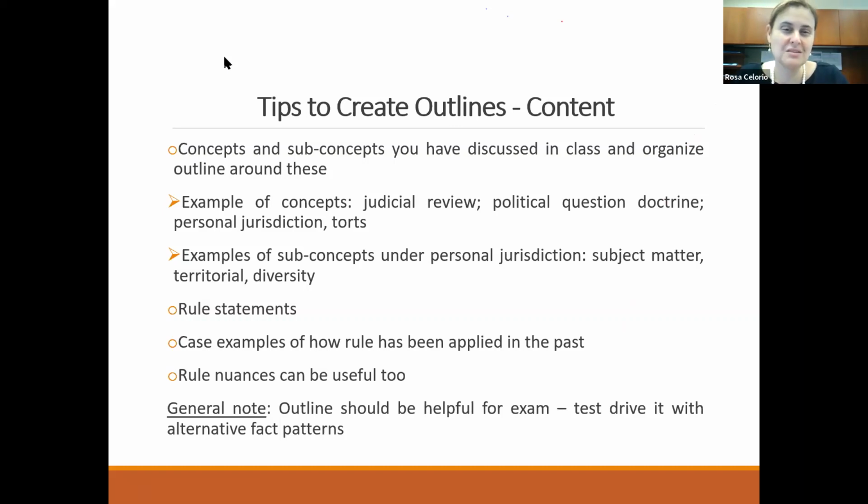I always tell students it's a good idea to try to do the outline yourself, even though this can be very time consuming, and it's a way for you also to study. Another thing that's very important to keep in mind about law school is that this is not the kind of system, especially the US legal system, where memorization works.